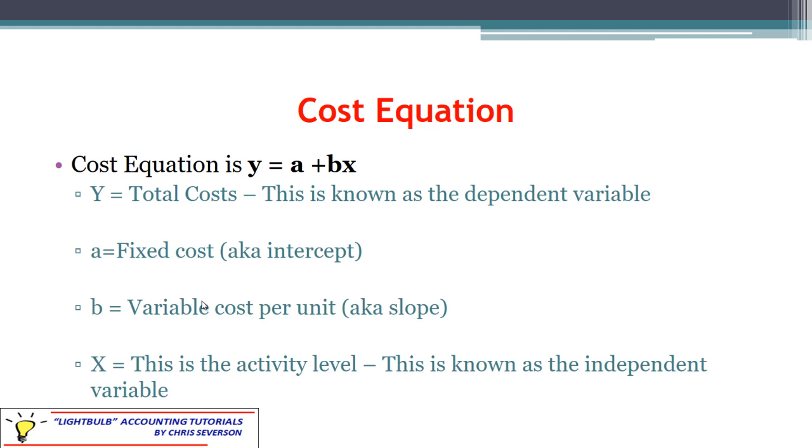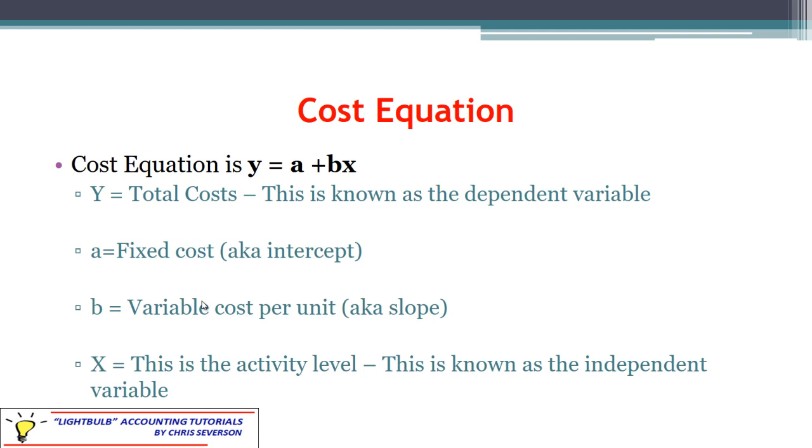So this one letter represents our fixed cost in our equation, and it also tells us where the cost line intersects the y-axis. Keep in mind the y-axis is where we have zero level of activity. So that tells us that we're going to have this cost even if we sell no units. It's a fixed cost.